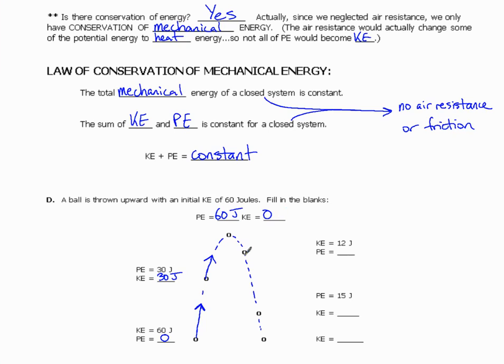So as it's falling, when the kinetic energy is 12 joules, the potential energy is 48 joules. They should add up to 60 in this particular example. When the potential energy is 15 joules, kinetic energy is 45 joules.